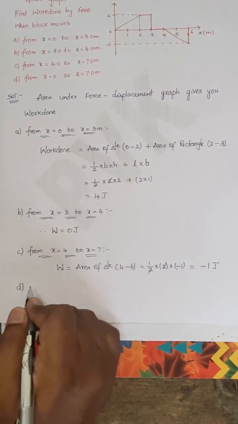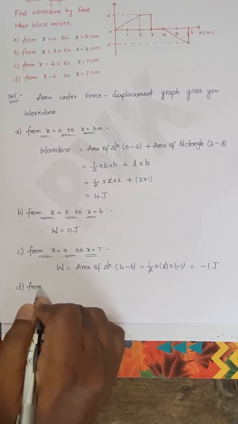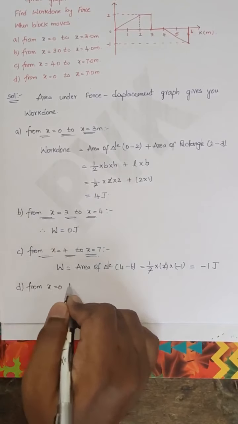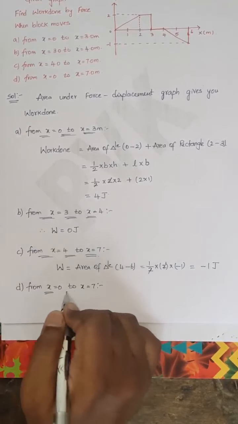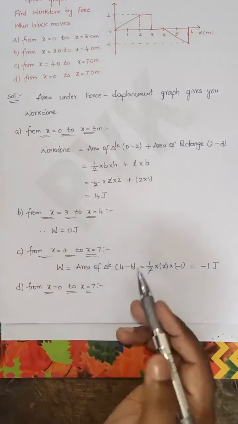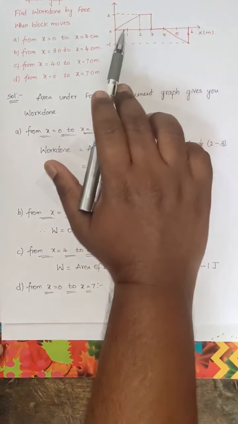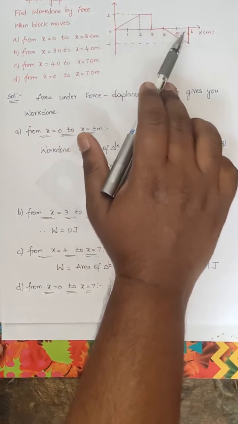And D, the last one, from x equal to 0 to x equal to 7. Just add all the things you have calculated. From 0 to 7 means this area plus this area plus this area.